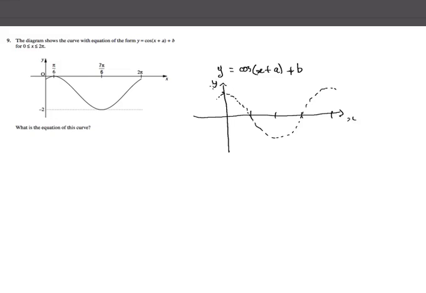So that's the starting position. This graph here has moved pi upon 6 to the right. In other words, we've subtracted pi upon 6. So x minus pi upon 6, the graph moves to the right. If you were adding pi upon 6, it would have moved to the left. So that's the first effect.